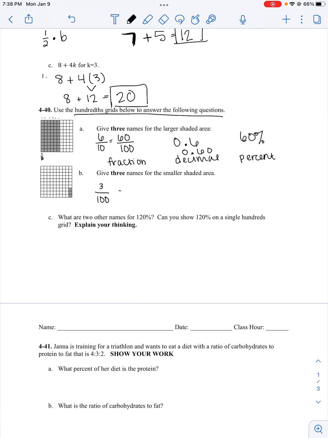There are 3 out of 100 shaded in. That's my fraction. My decimal, if it's 3/100, is 0.03. And my percent, if percents are fractions out of 100, my numerator is my percent, so it's 3%.